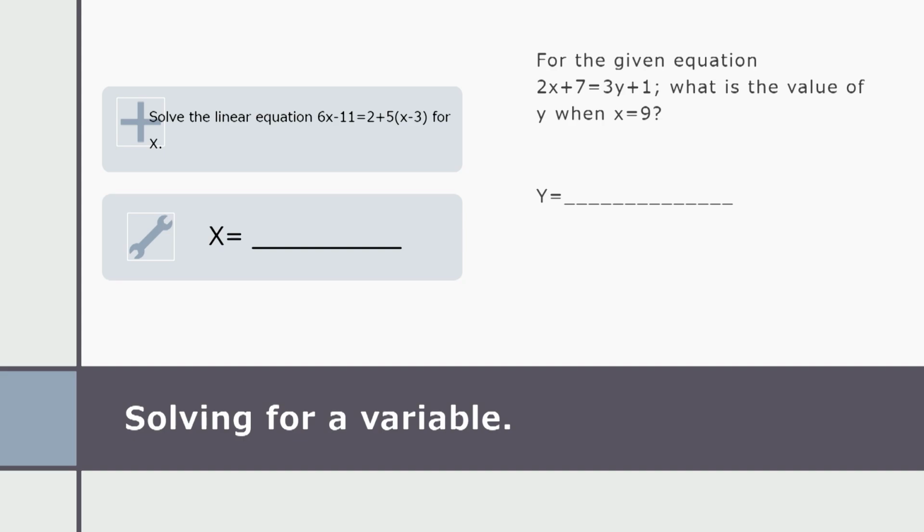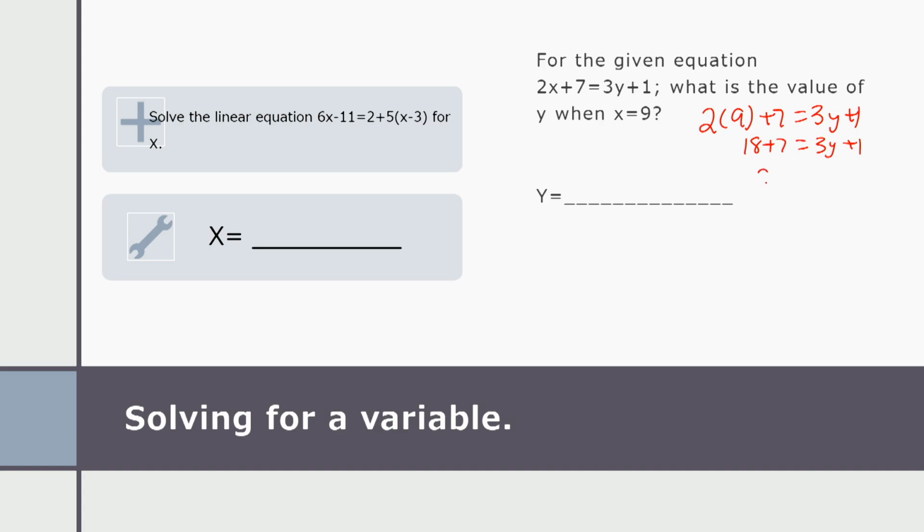For the given equation, 2x plus 7 equals 3y plus 1, what is the value of y when x equals 9? So I'm going to substitute some in. 2 times 9 plus 7 equals 3y plus 1. So let's go ahead and isolate that variable. I've got 18 plus 7 equals 3y plus 1.